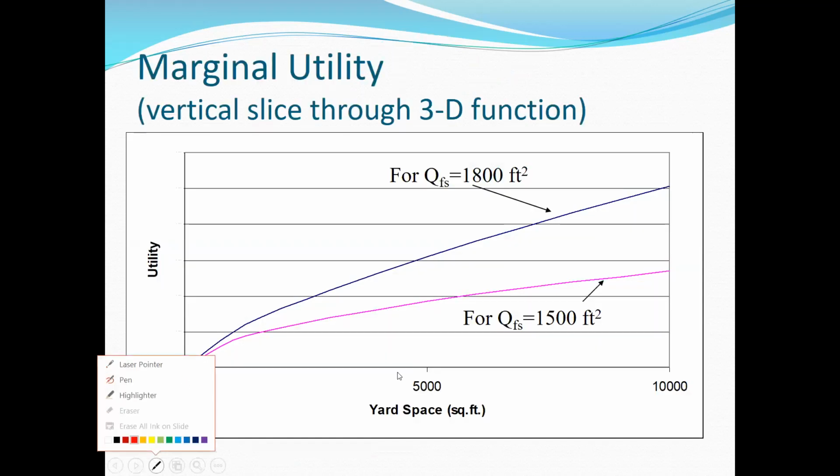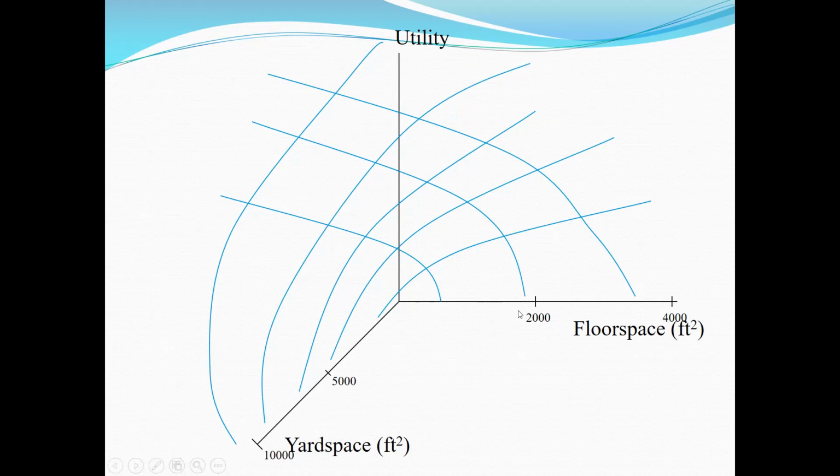and draw a vertical slice through the 3D function, a vertical slice through a 3D function means you're holding one of the variables constant.